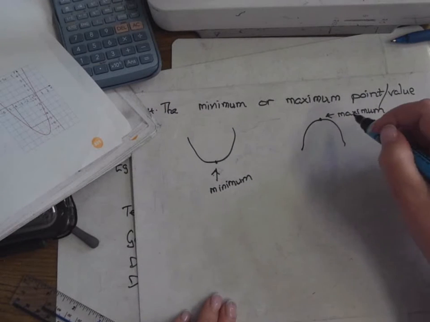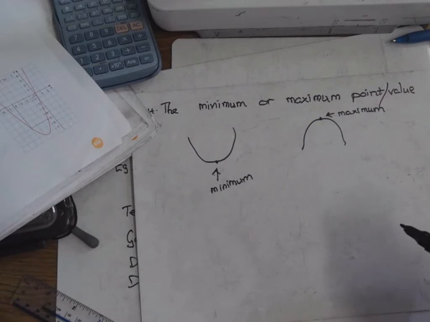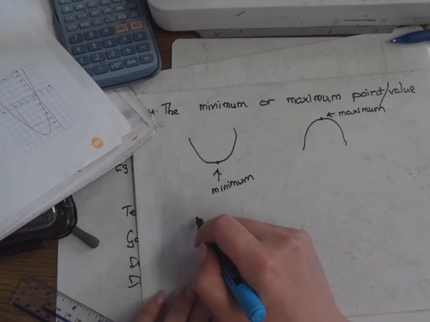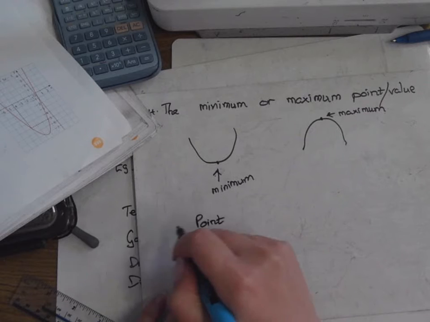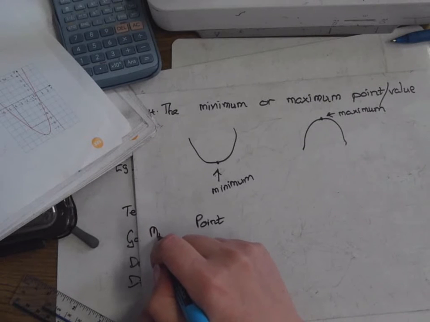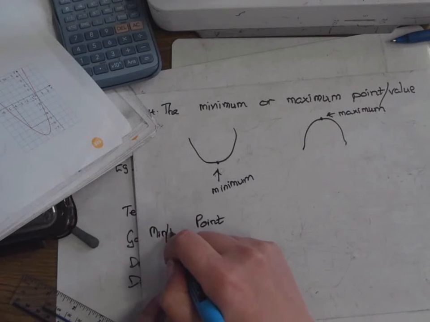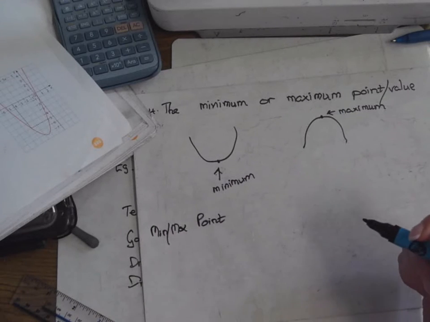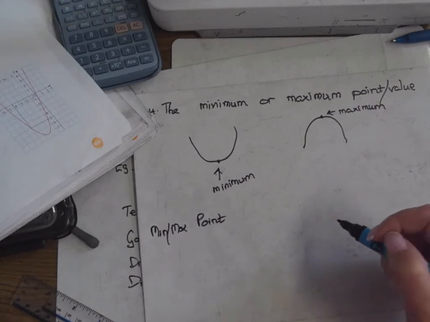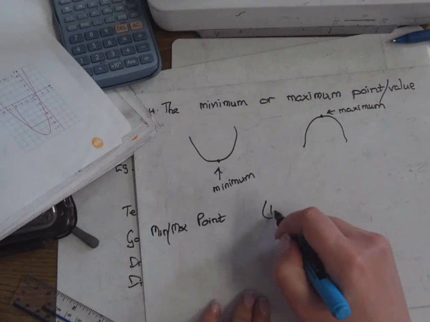And if they ask you for the maximum point, you would give a point. So if it said the min or the max point, you would give the actual coordinates of the point. So I'm just going to make up a few points, okay? So it might be 1, 4.